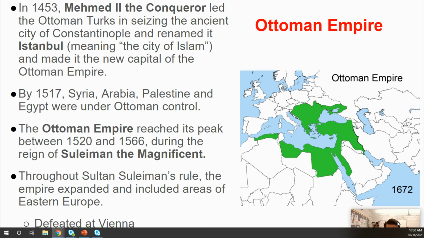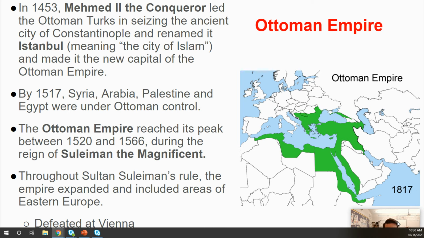Enter Mehmed II. There's a lot you can say went into this, and I'll put some videos that give more details about it. But ultimately, what ends up happening is the introduction of gunpowder weapons and the use of massive cannons.